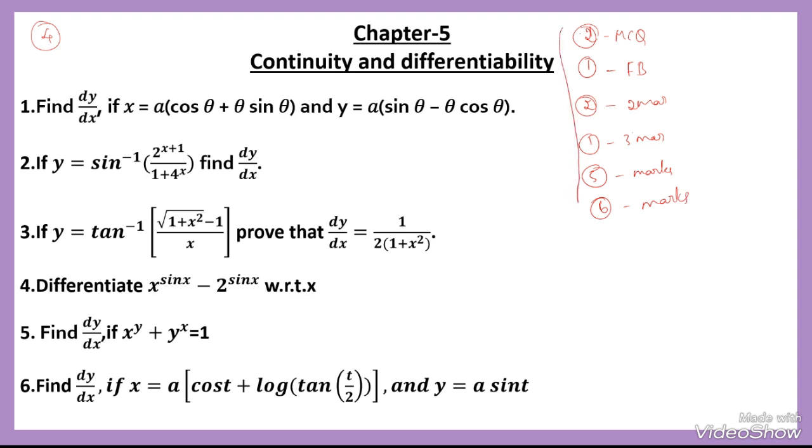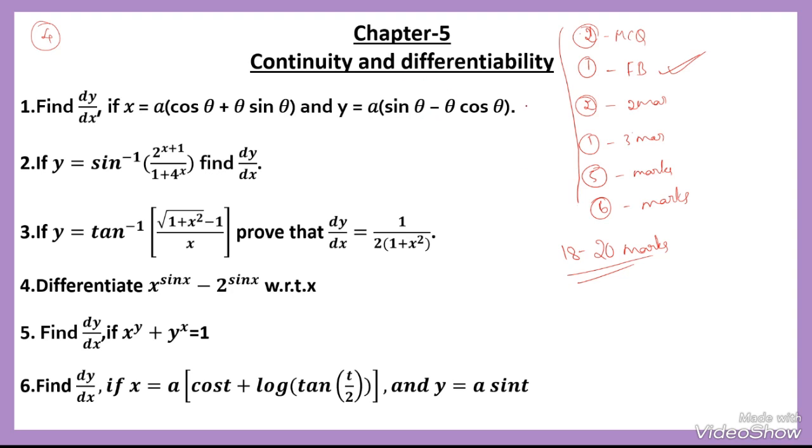You have to practice. That is the only mantra for solving the annual exam as well as getting a good result. If you study chapter number 5 completely, you will get about 18 to 20 marks in the annual exam. Only one chapter, continuity and differentiability.